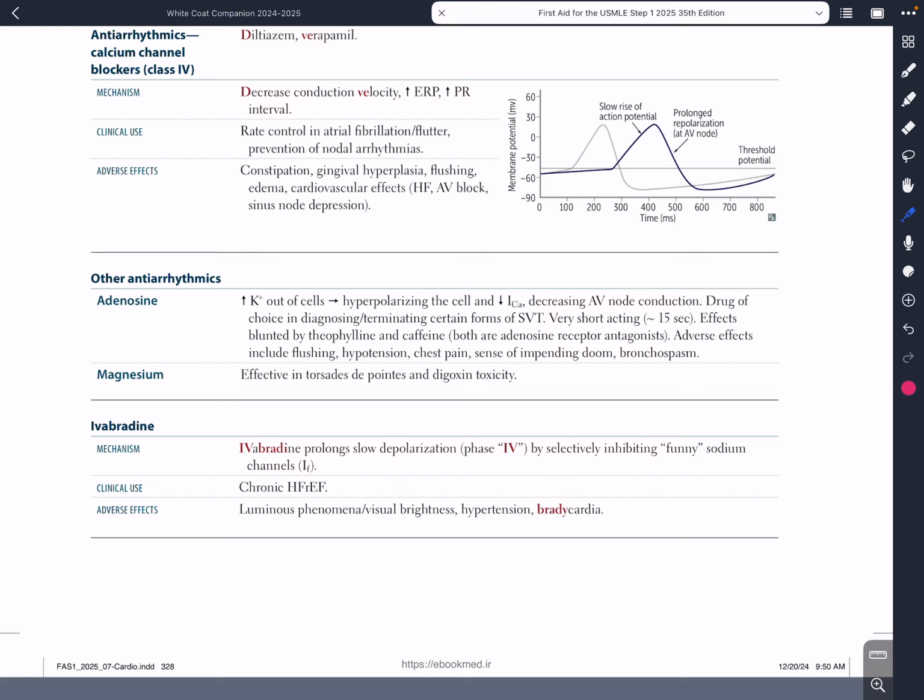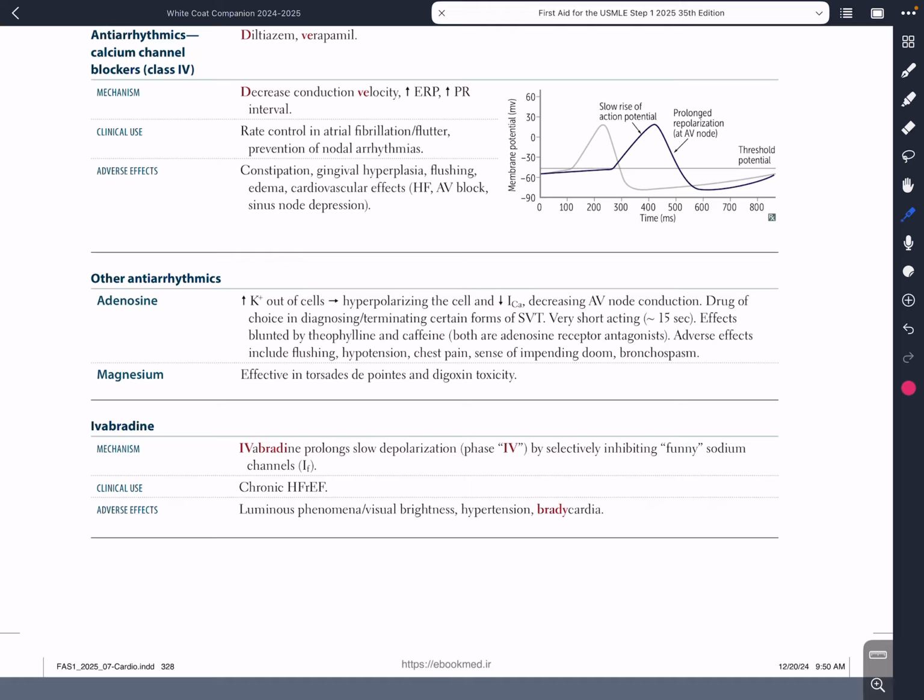So they are termed funny sodium channels, because scientists did not put them in a specific class, like intracellular or extracellular sodium. So they just called it the funny sodium channel. So ivabradine prolongs phase 4 depolarization by selectively inhibiting funny sodium channels.